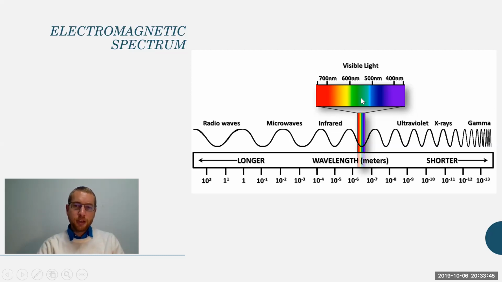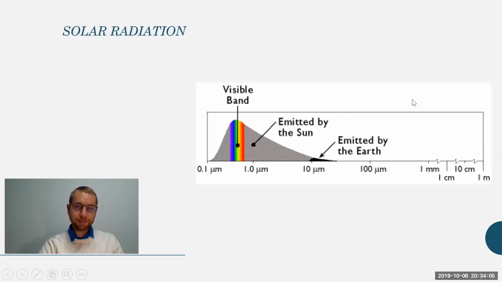And between, say, 700 nanometers and 400 nanometers of wavelength is electromagnetic radiation that we can actually see, and that's the visible light spectrum. The longer the wavelengths, the more red it is. The shorter the wavelengths, the more it goes towards that blue or violet.